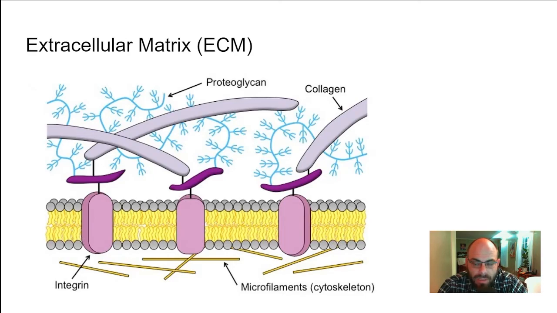You can see here how the inside of the cell is represented by the bottom of this picture, and the outside is the top. And so they're kind of connected through this ECM. ECM's pretty complicated, so we're just going to say that it's a supportive matrix on the outside of the cell that is essential for connection to its environment and communication.